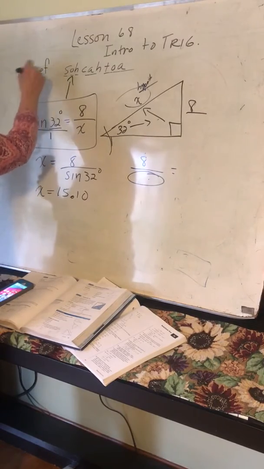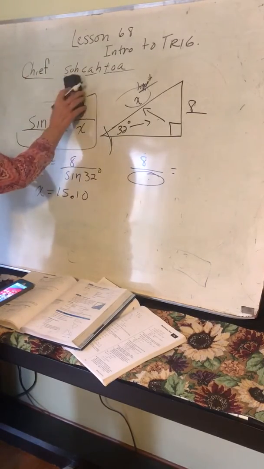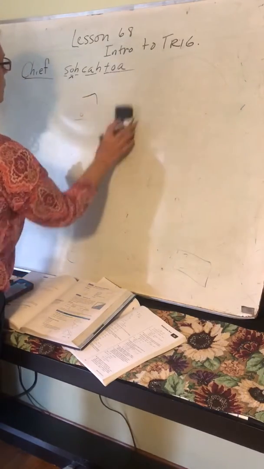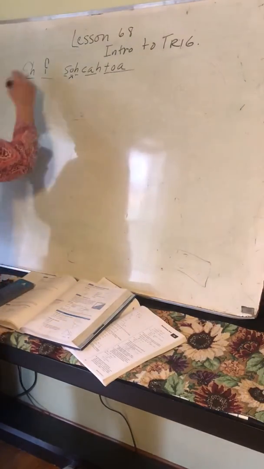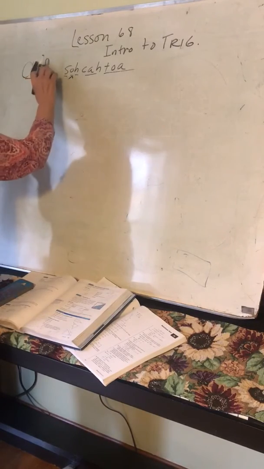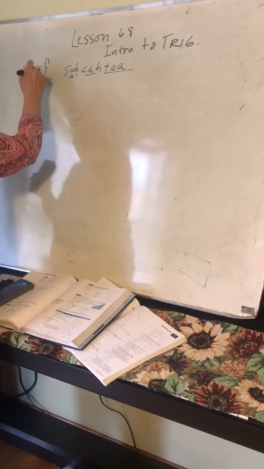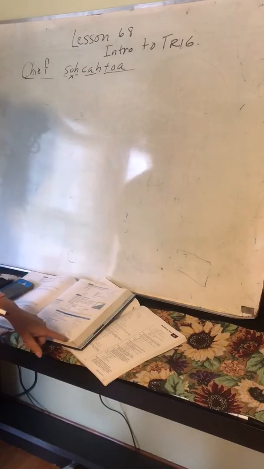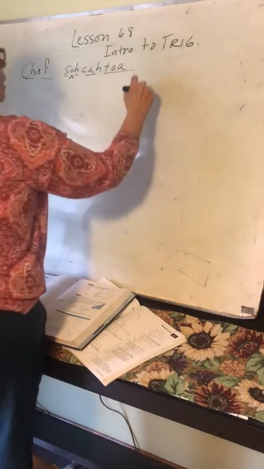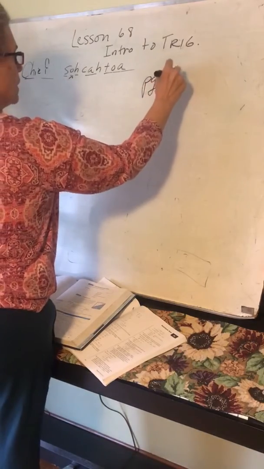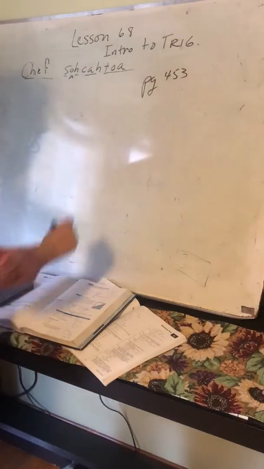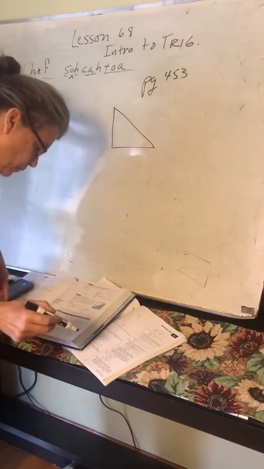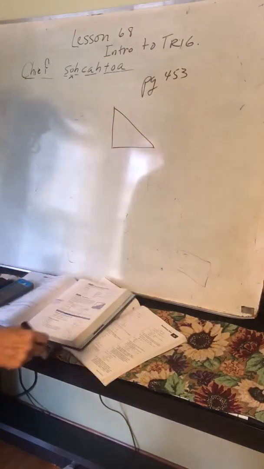Okay, I'm going to do lesson Chief SOHCAHTOA. I'm going to do G on the practice problems, page 453. What we have a picture of here is a right triangle. Well, it's actually a swing set or a slide or something.